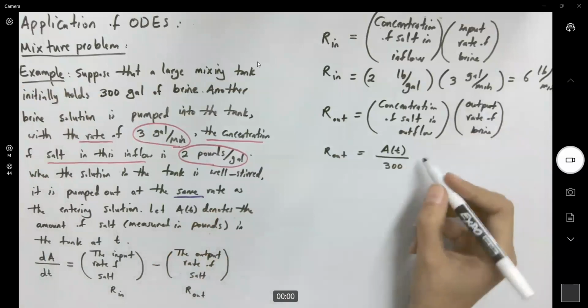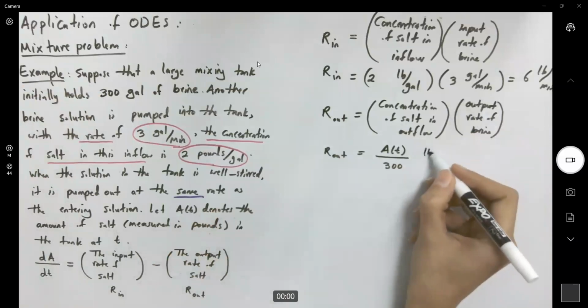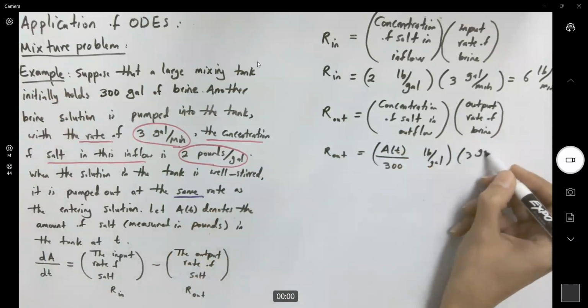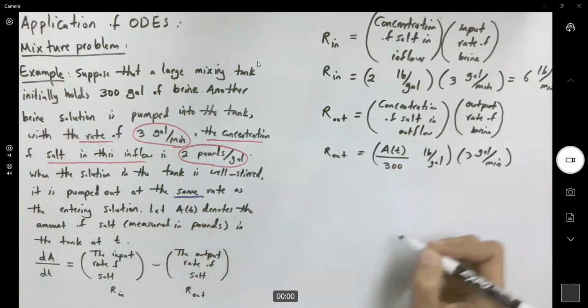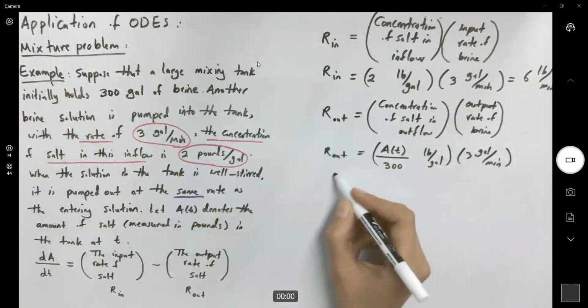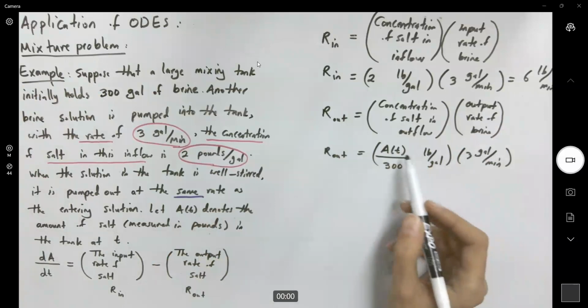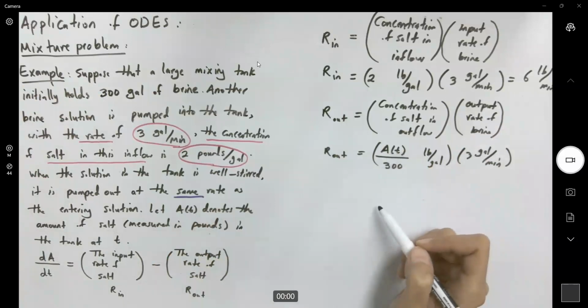So you're going to have 3 gallons per minute. If we simplify this, the output rate is going to be A of t divided by 100.